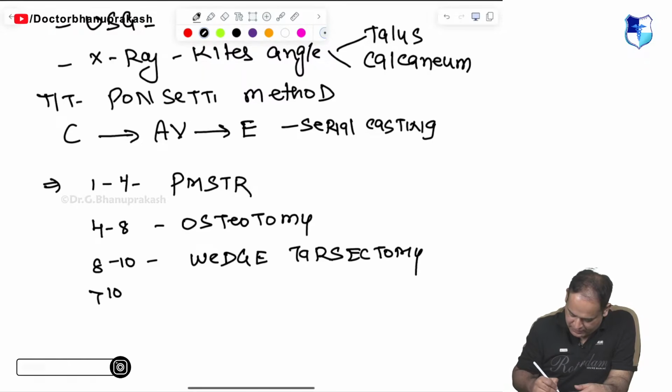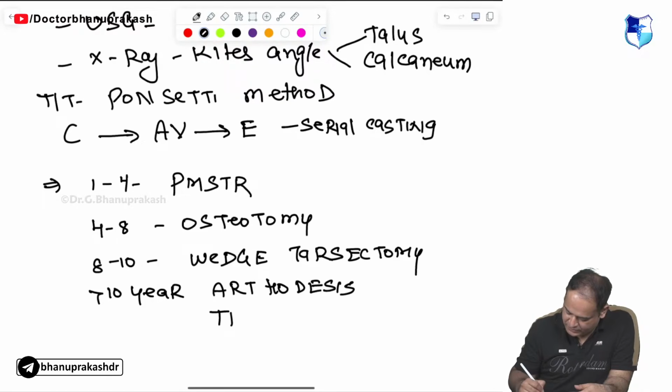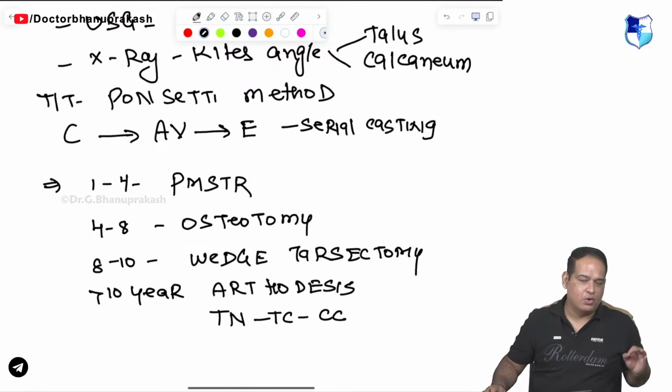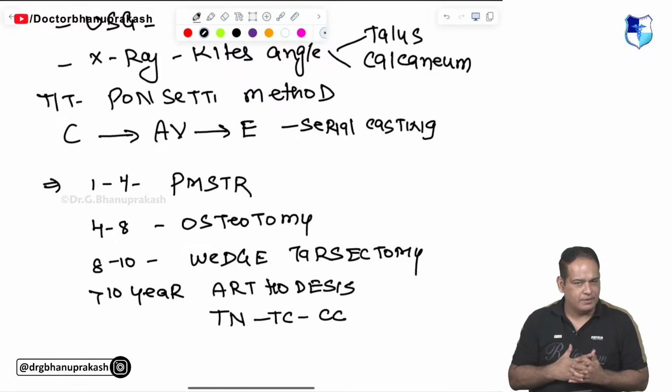And more than 10 years of age, triple arthrodesis: talonavicular, talocalcaneal and calcaneocuboid, right?